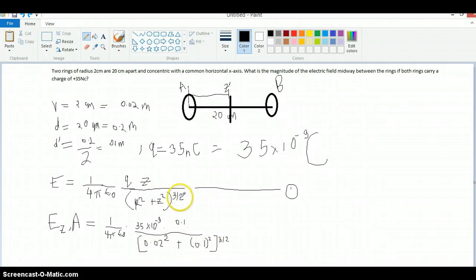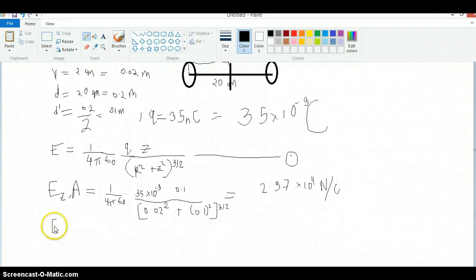What I did here is just plug in the values of r, z and Q, which came out, after calculation, to be 2.97 times 10 to the 4 Newton per coulomb, which is the unit of the electric field.